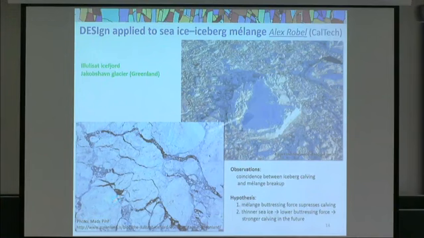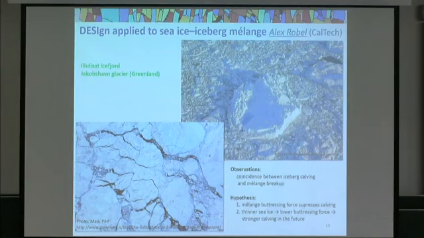These are two photographs from Jakobshavn Glacier as an example. And this is a study done by Alex Robel using the DEM model. The motivation were some observations from these fjords and hypotheses based on those observations.